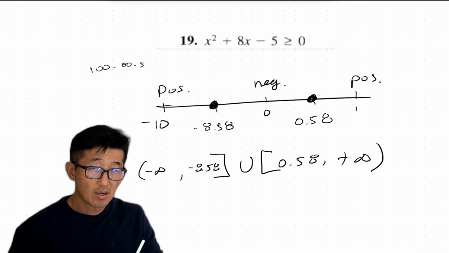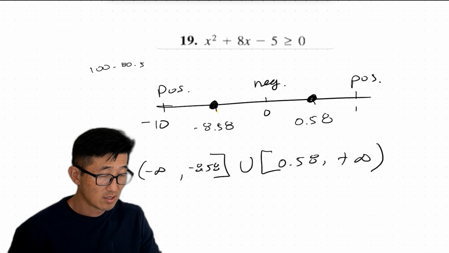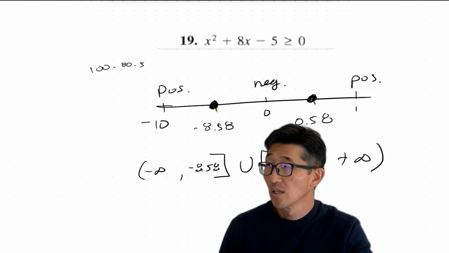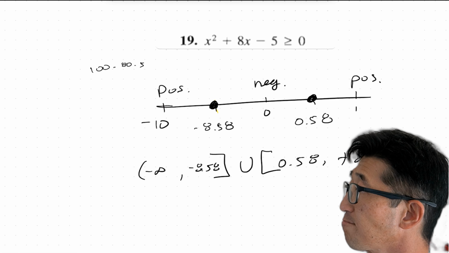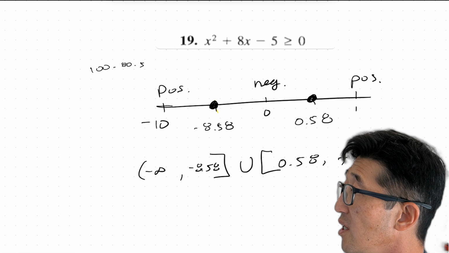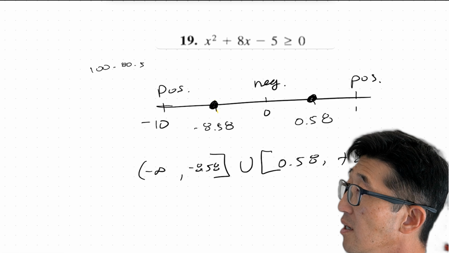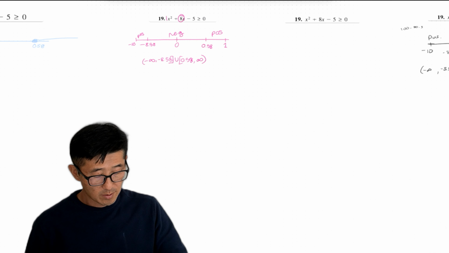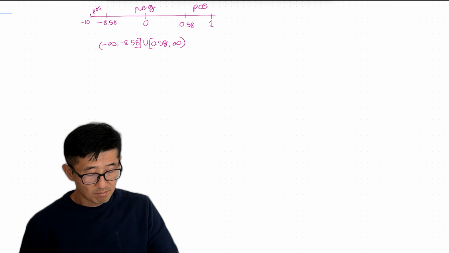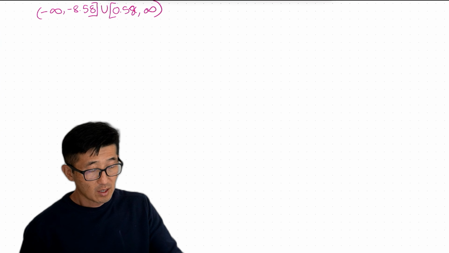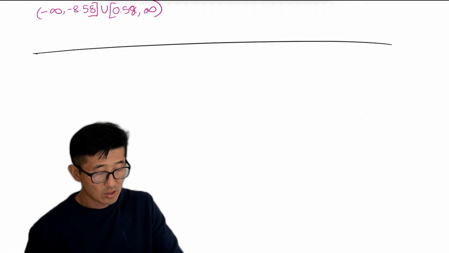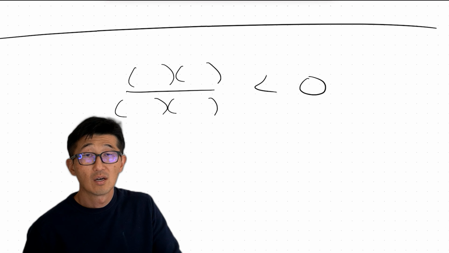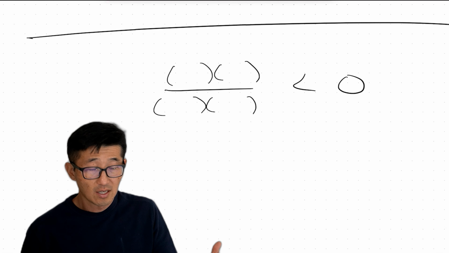Any other questions on this section? Nope. Okay, now there's a few more that we're going to do before we move on. So far we've been doing just factors that are horizontal, but what if you had something like this? A fraction with factors on top and factors on the bottom.